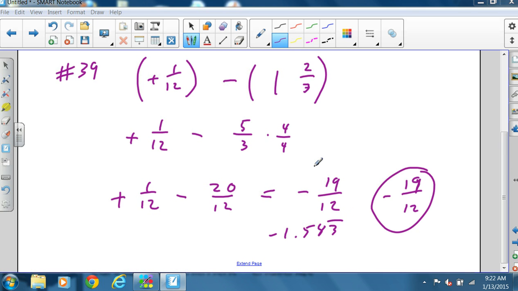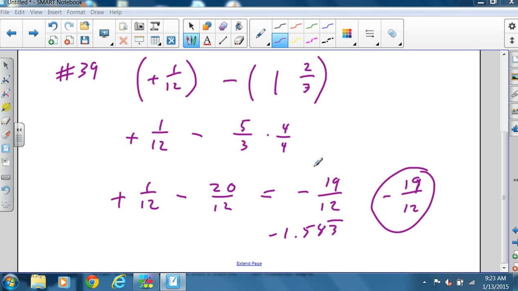But I still got minus 19 over 12. Now, it's a tech math class. You give me minus 1.58, perfectly okay. You give me minus 19 over 12, perfectly okay. You give me minus 1.583 with a repeating sign over it, that'd be perfectly okay. Because when we cut with a chainsaw, how close to a half inch do we get? Yeah, well, not to the nearest hundredth. Okay, so that's a different issue.